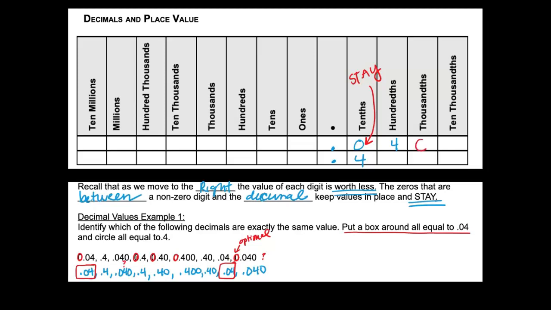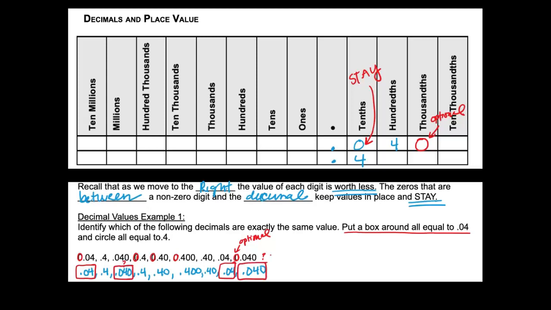If I were to put a zero at the end, does it change the value of this number? It does not. So this is an optional zero. I actually don't even need it. Those would be considered the same number, so 0.040 is the same as 0.04. So I am going to put a box around those as well.